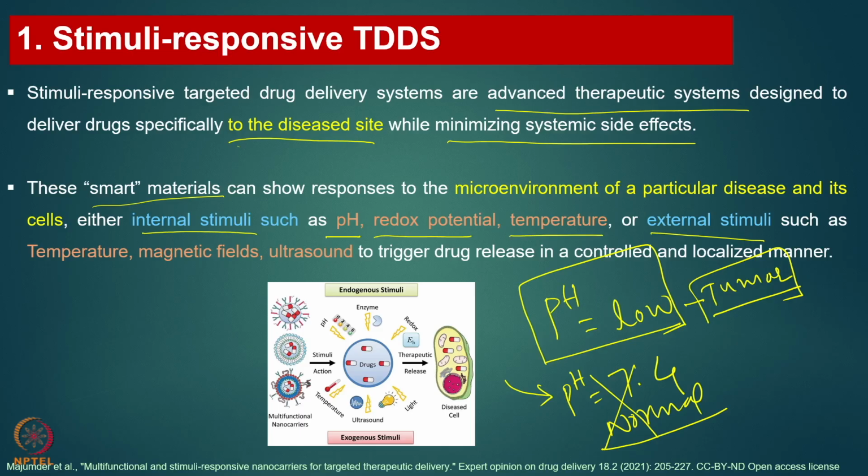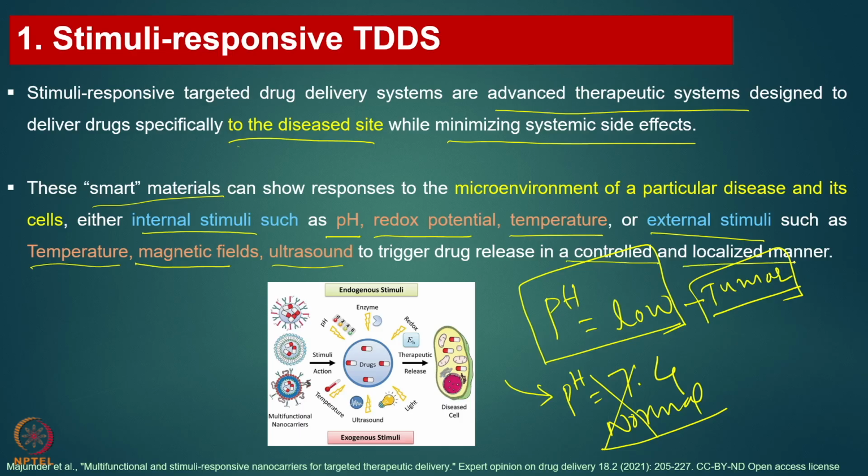Whereas for external stimuli, we have to provide some external stimulus such as temperature, magnetic fields, or ultrasound. With this, your drug will be released from your system in a controlled and localized manner.